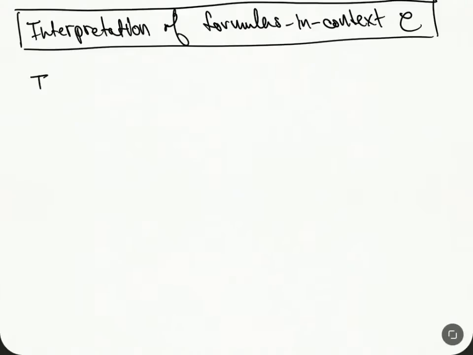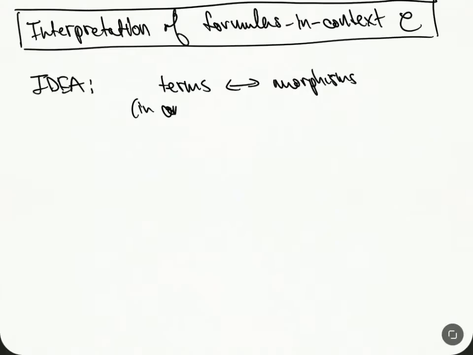The idea is that for terms in context, we're going to get morphisms, and for formulas in context, we are going to have subobjects.